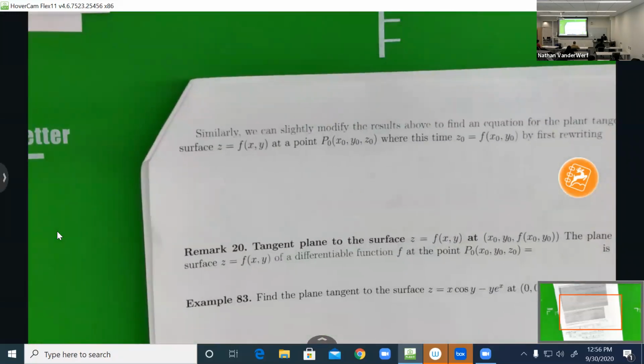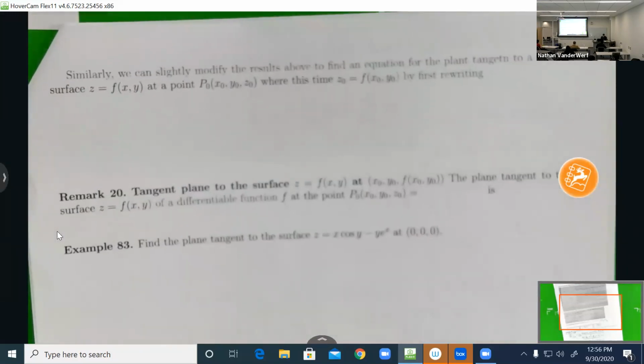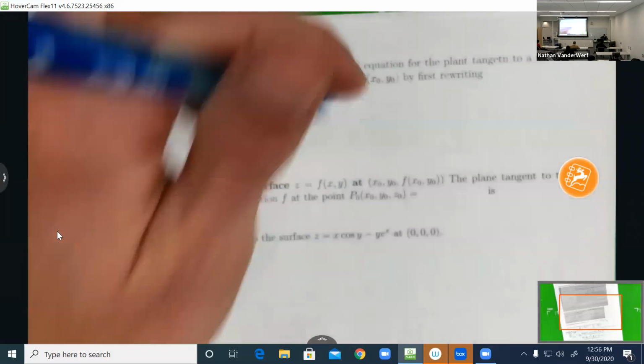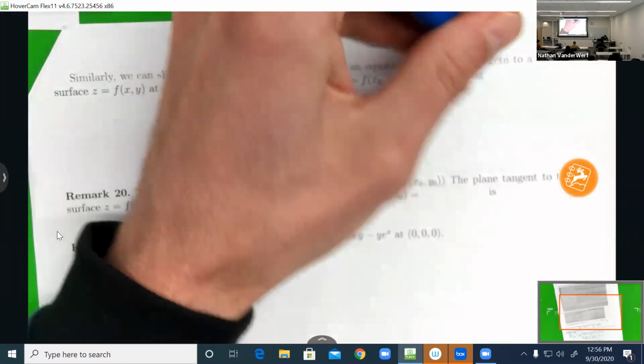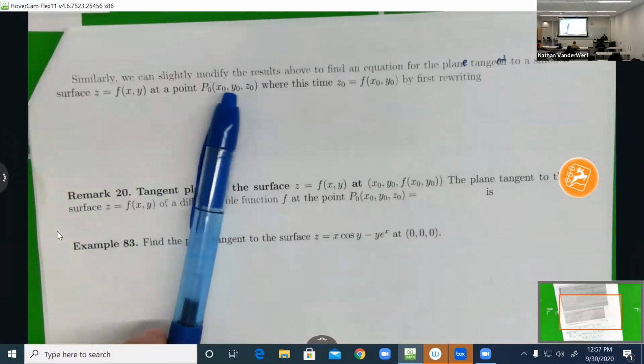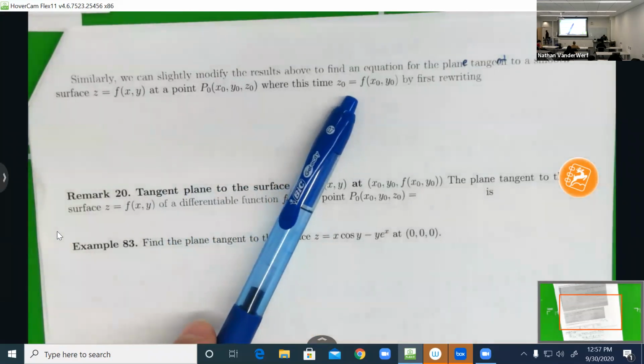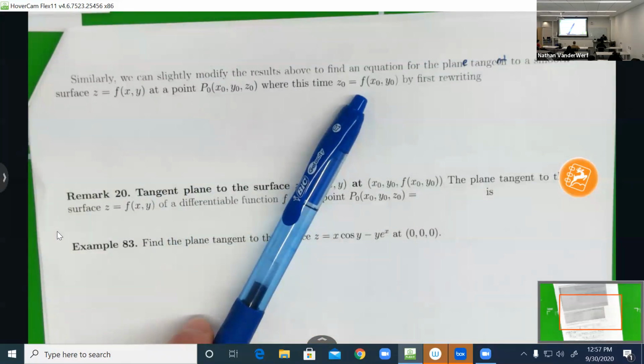So similarly, we can slightly modify the results above to find an equation for the plane tangent to a smooth surface z equals f of x, y at a point p0, x0, y0, where this time z0 is f of x0, y0. So how are we going to rewrite this?